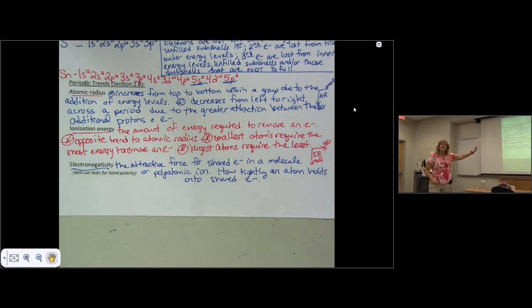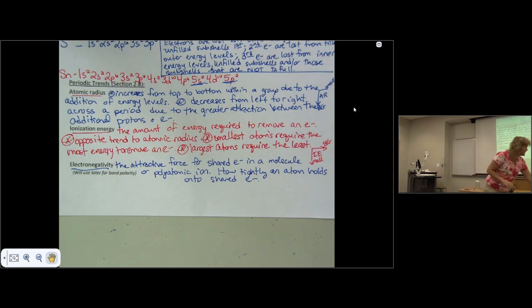Now, what did I say before we started talking about all of these? Every one of them have to do something with what? The atomic radius. Now, you tell me, who will have the greater attractive force for shared electrons? Size-wise, the smaller atom. Do you see that? The smaller atom. Guys, think about it.